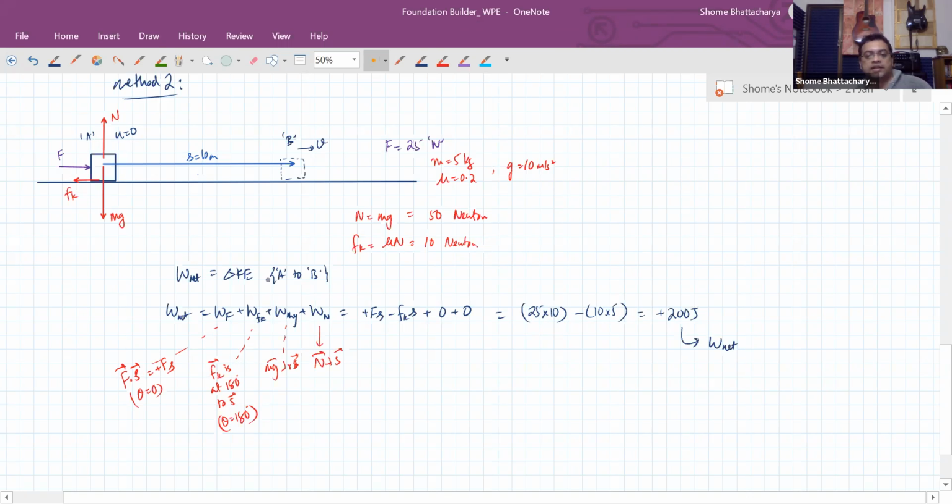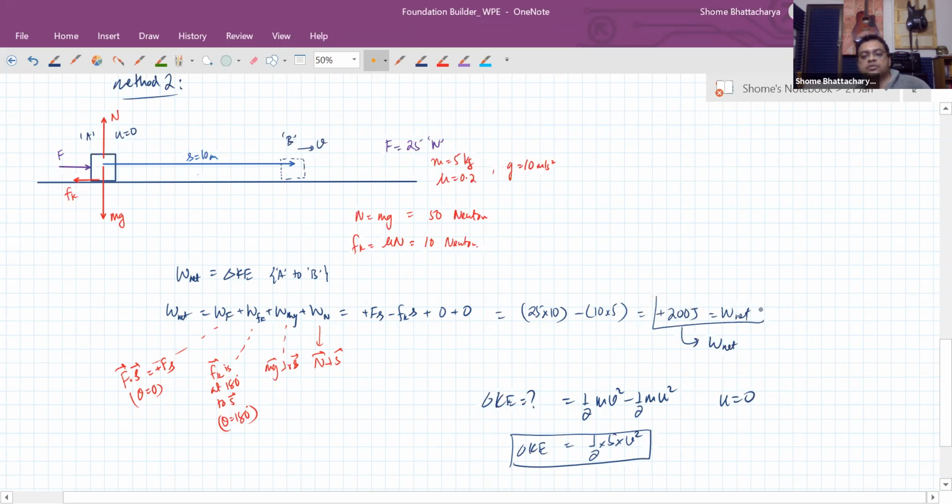Now the right hand side of the equation, the change in kinetic energy, how much will that be? That is going to be equal to half mv square minus half mu square. Now u is 0. So this is going to be half into the mass of the body, which is 5 kg, into v square. So that is my change in kinetic energy, and this is the net work done.